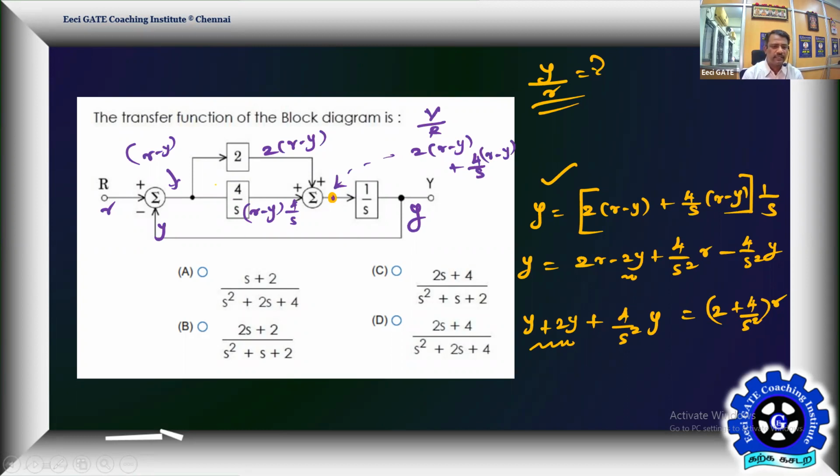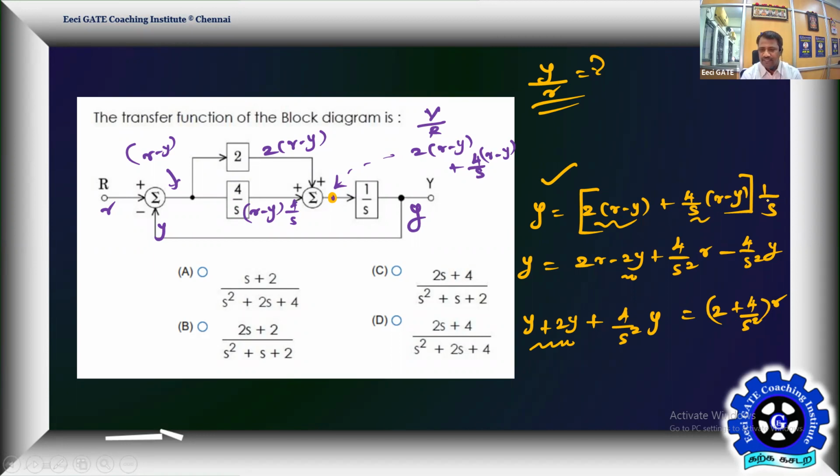It's r minus y. So 2 times r minus y, 4 by s into r minus y. I'm going for y, and 1 by s is there, so multiplying by s. What mistake did I commit here?